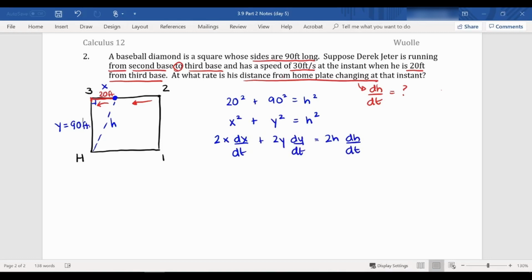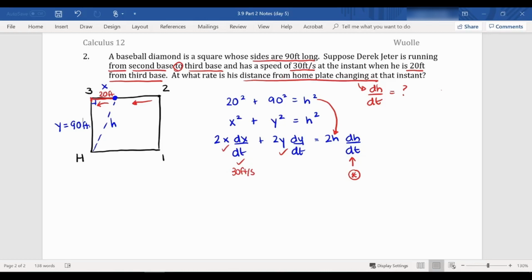So we've been asked to find dh/dt. We have the information to find h. We know x and dx/dt. dx/dt was 30 feet per second. X was 20. We know y is 90. So the only other thing in the question is what is dy/dt? We need that in order to find dh/dt.